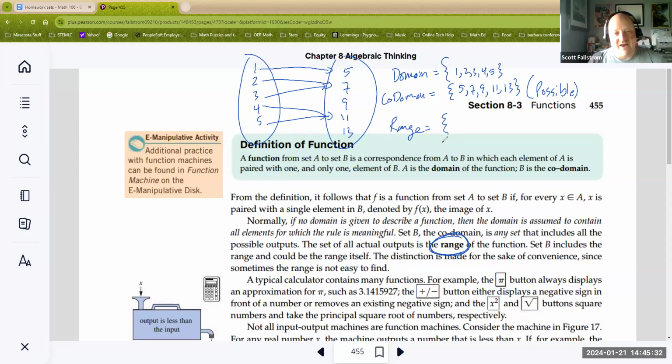That is the range. And the range in this case would just be a 5, a 7, and an 11. So typically, if you were taking a class, like an algebra class in high school, or maybe even middle school, depending on where you took it, you really are focusing mainly on the domain and the range. The domain is the actual inputs we're using, and the range is the actual outputs that get hit.